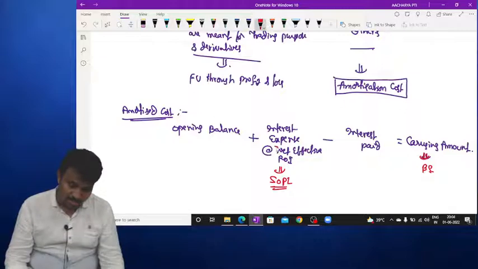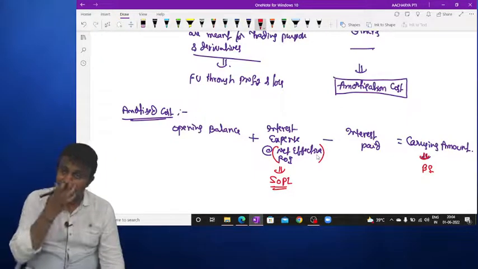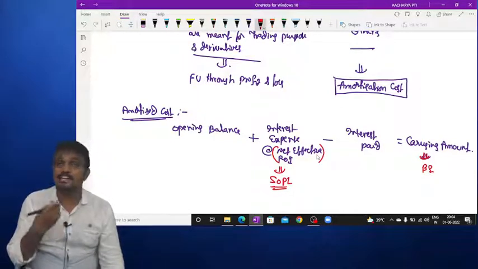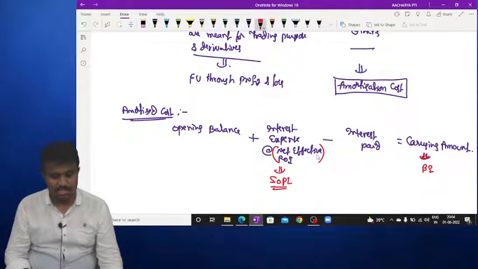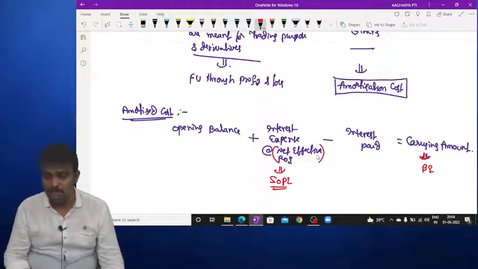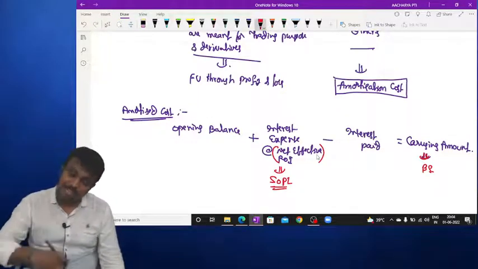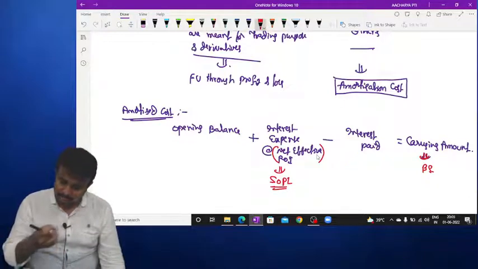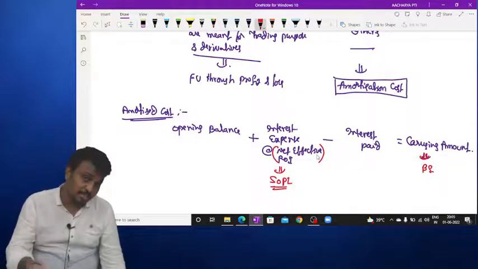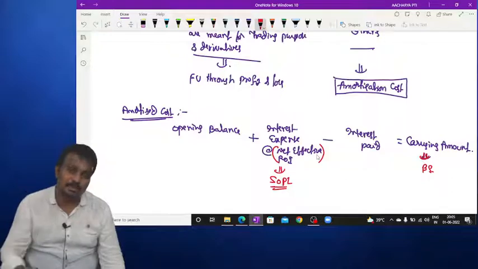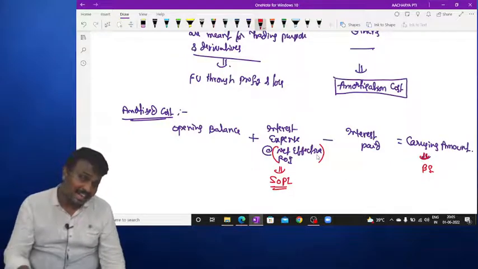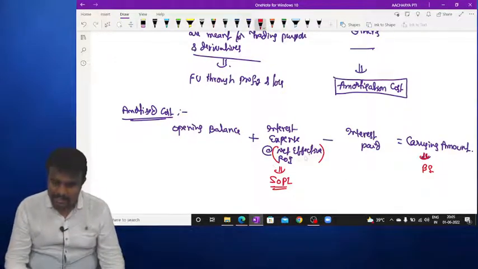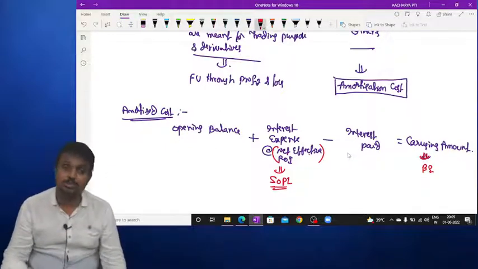And remember, if financial liabilities are issued at par and redeemed at par, then the effective rate of interest and the regular coupon rate are both the same.